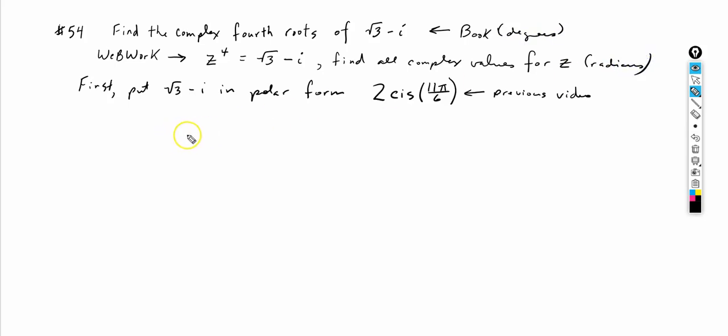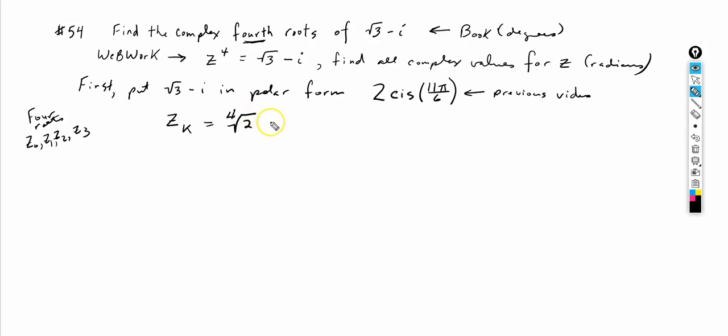Okay, so once you have it in your polar form, then we do have this formula. If we're finding all fourth roots, there are going to be 4 distinct roots. The 4 complex roots are going to be z0, z1, z2, and z3. The formula we have to know to get that is, well, we're taking a fourth root, so we're going to take the fourth root of our r out the front, which is 2.